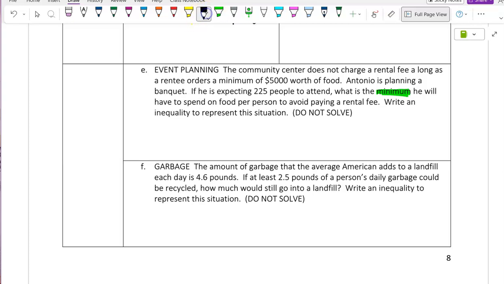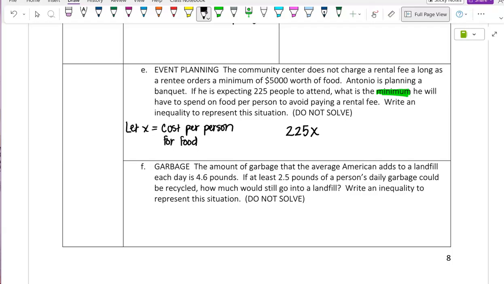So again, defining our variable, we're going to let x equal the cost per person for food. So I'm expecting 225 people, so I would have to take that 225 times that cost per person.